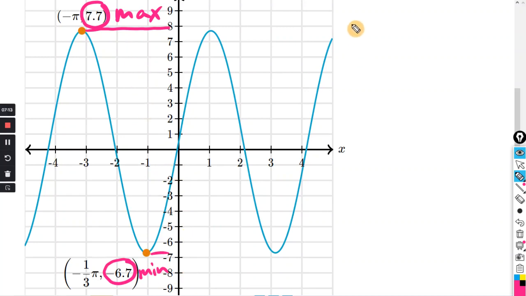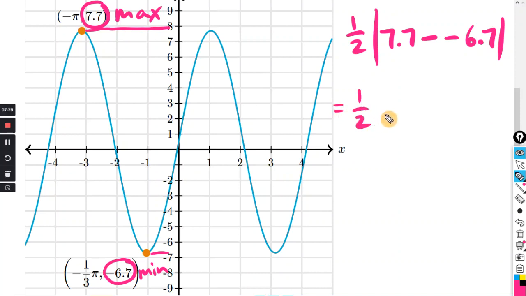Okay, so in other words, we want half of 7.7 minus negative 6.7. So we have 1/2. The two negatives in a row make it positive, and this is going to be 14.4.